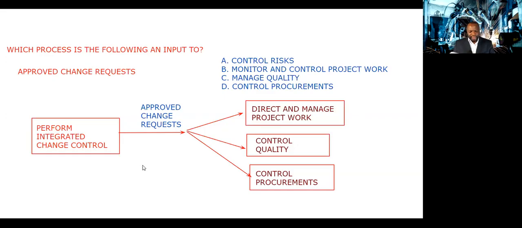The data flow diagram for perform integrated change control actually shows you what I just drew out. 4.6. If you go to page 114, what do you see? You can see approved change requests going explicitly to direct and manage project work, control quality, and control procurement. All right.